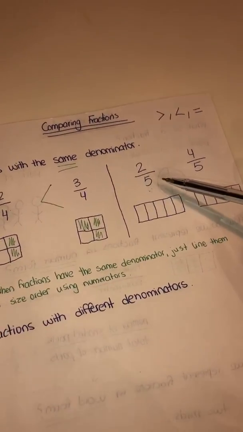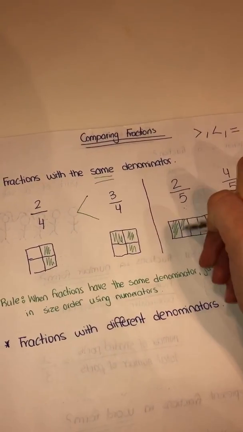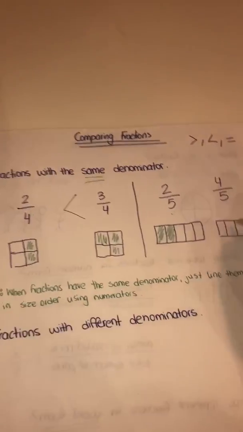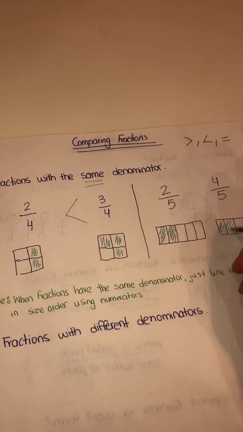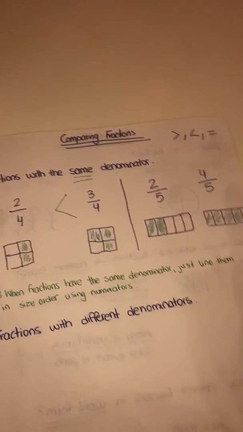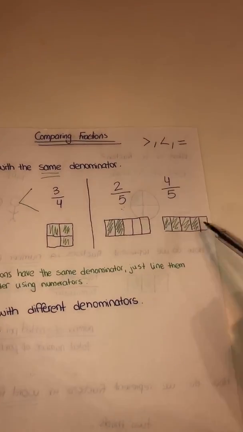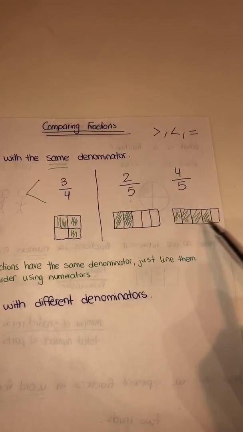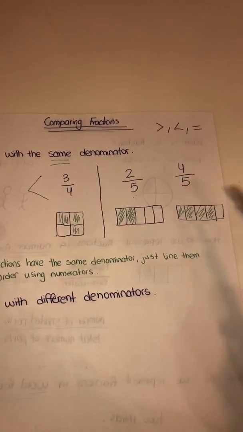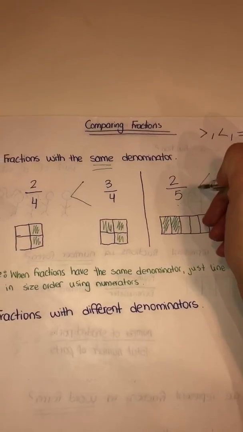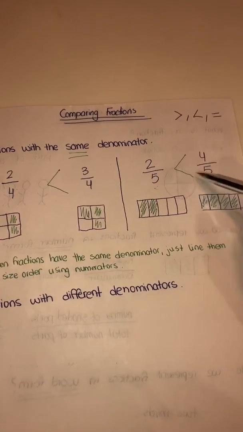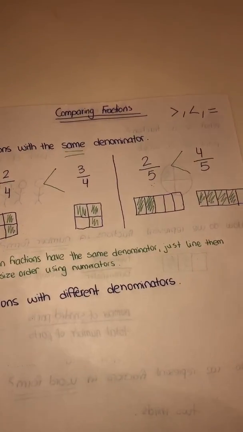So in the first fraction, the number of shaded parts is 2. In the second fraction, I have 4 shaded parts. Which fraction is greater? As you can notice, it's the second one because more parts are shaded. So I also place this crocodile because the crocodile eats the bigger fraction.